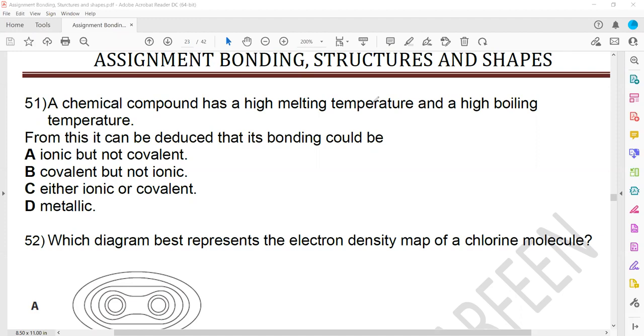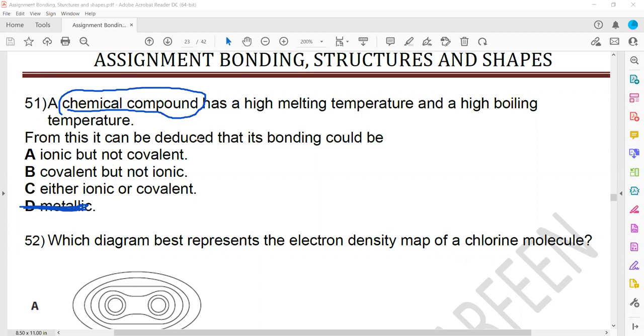And same thing, metallic substances also have high melting and boiling points. And in the question, they mention a chemical compound. So option D is not valid at all because metallic bonding is within the metal. So option D cannot be a right answer. So we have to select either A, B, or C.